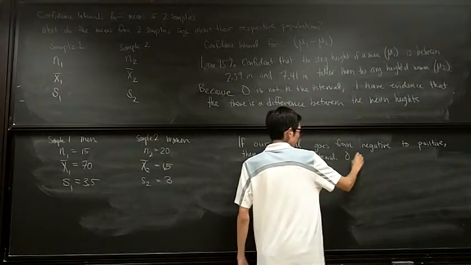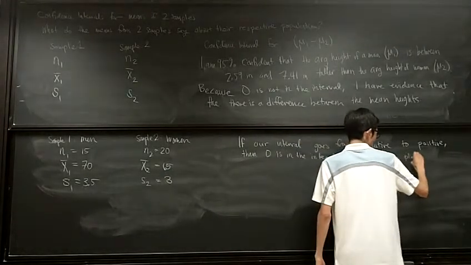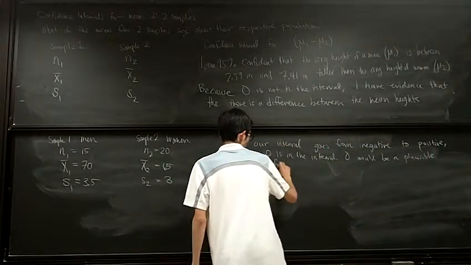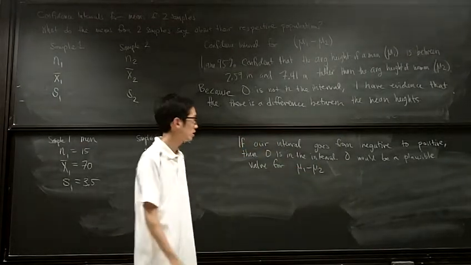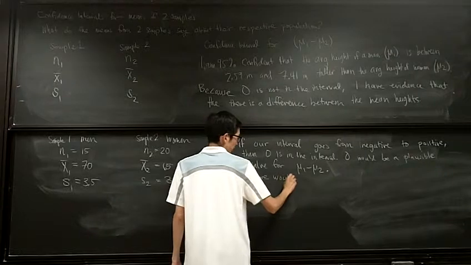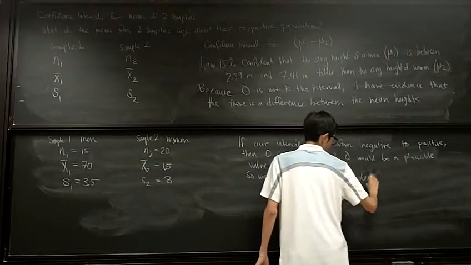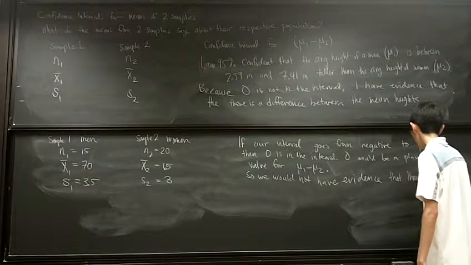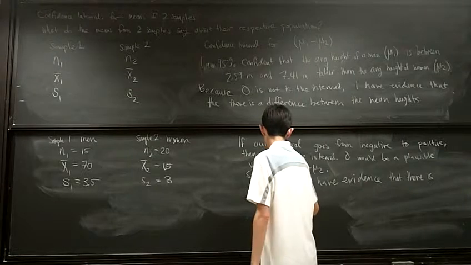And 0 would be a plausible value for mu1 minus mu2, the difference between the means. So we would not have evidence that there is a difference between the means.